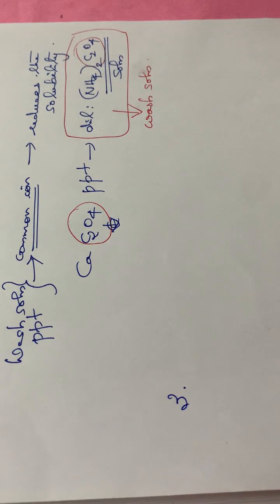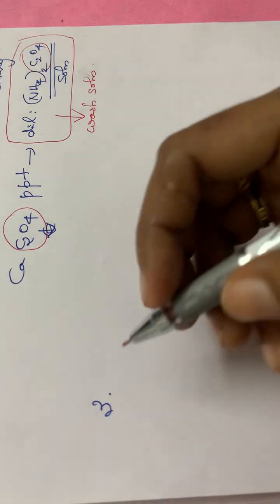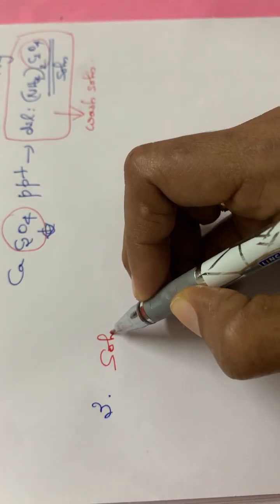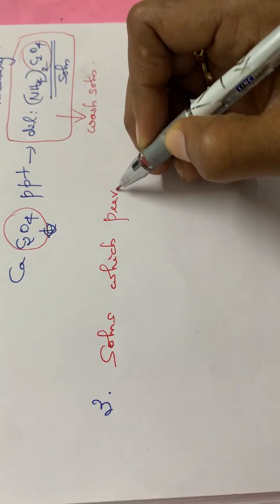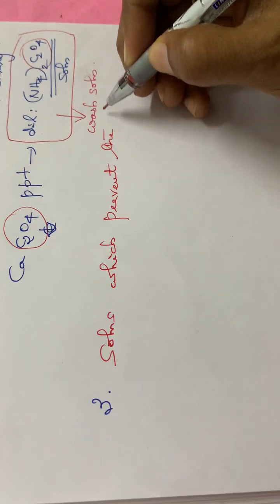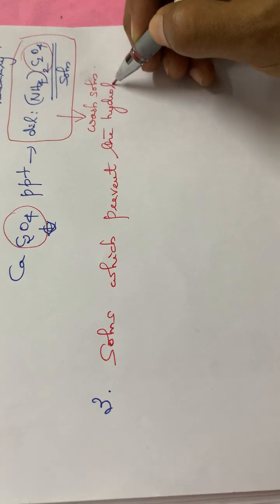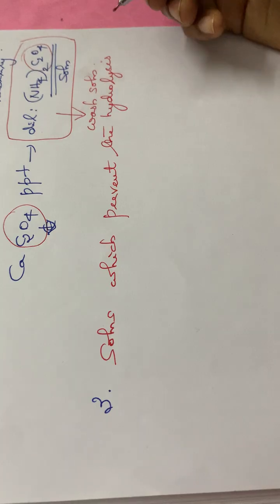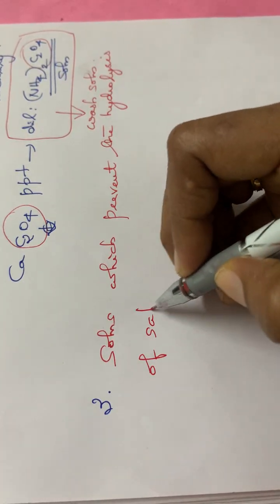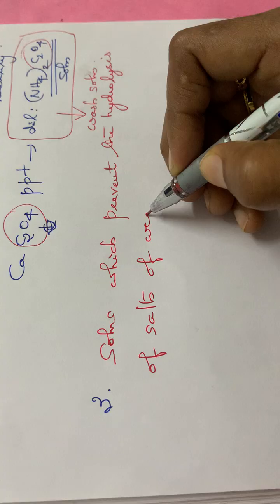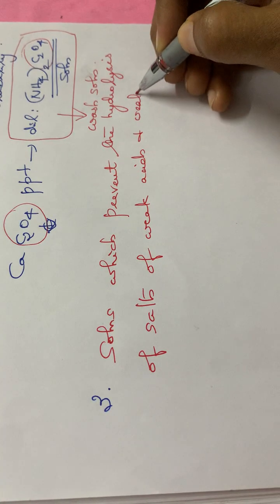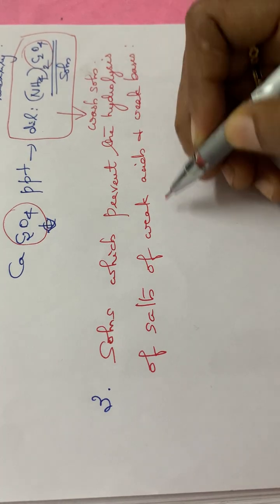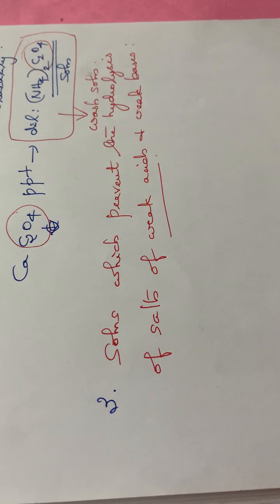Then the third type of wash solution is the solutions which prevent the hydrolysis of salts of weak acids and weak bases.